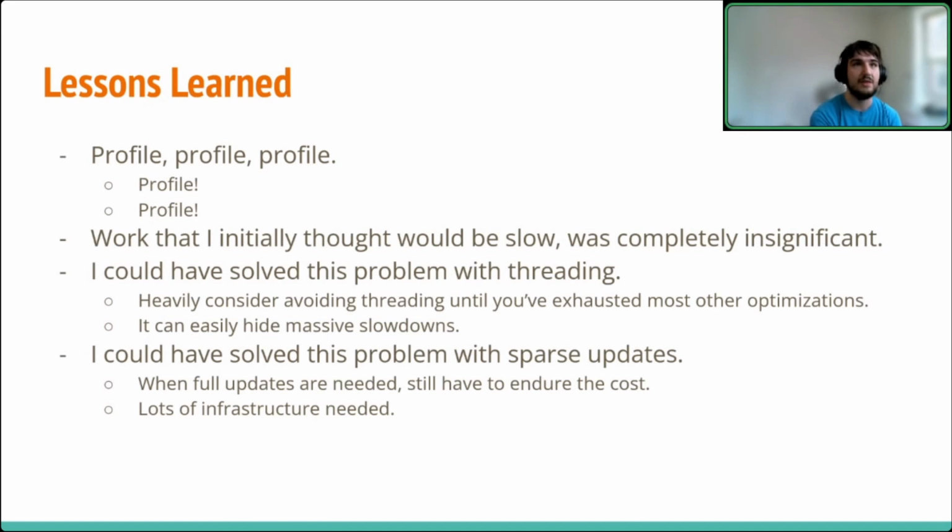Now I'm in the location where I have optimized the living bejesus out of all of this. And when we scale up really, really far, now we can pull out threading and we can get truly amazing numbers out of this. In addition, we could have solved this problem with sparse updates.